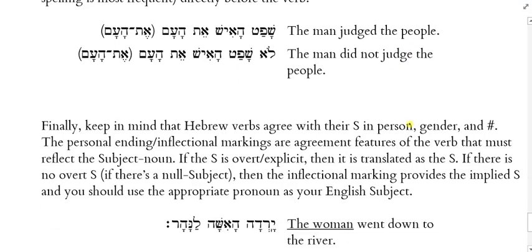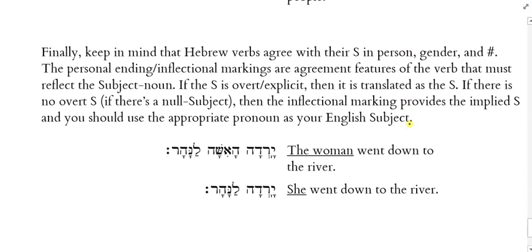And finally, keep in mind that Hebrew verbs agree with their subject in person, gender, and number. The personal ending, or what I also like to call the inflectional markings, these are agreement features of the verb that must reflect the subject noun. So if the subject's third masculine singular, the verb needs to be third masculine singular. If the subject is a second feminine singular you, then the verb needs to be a second feminine singular you. Okay?